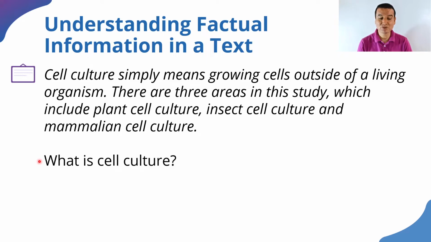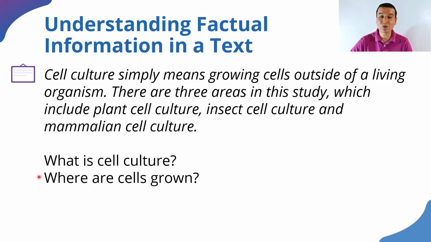All right? The next one, where are cells grown? Why? Because in the text we have the word outside of a living organism. That gives us the idea that we can ask about that place, because outside is a preposition of place, and we can ask about where. That is the adverb that we use for asking about location.